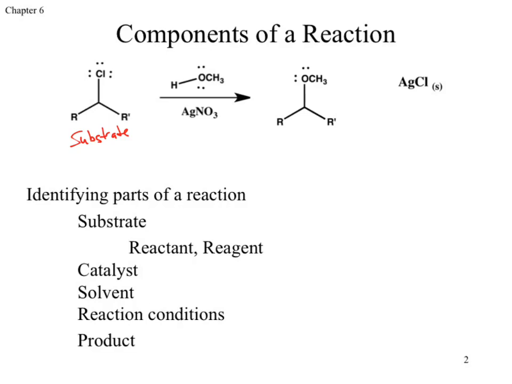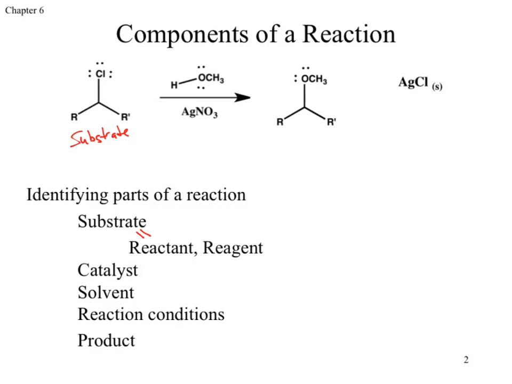Okay? Reactant, hopefully everybody understands, would be on the left side of the equation, on our reactant side. What's a reagent? The reactant is something that we would typically equate with the substrate. Almost the same thing, but slightly different from the reagent.